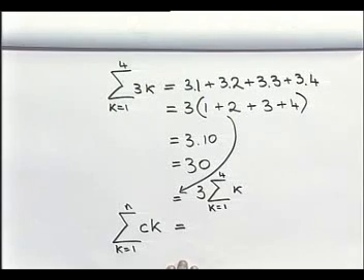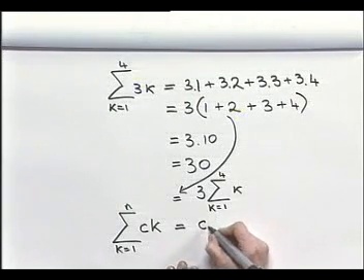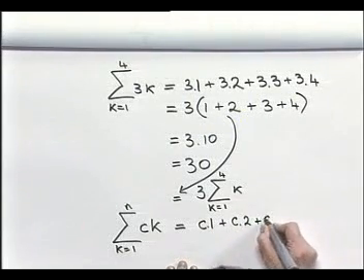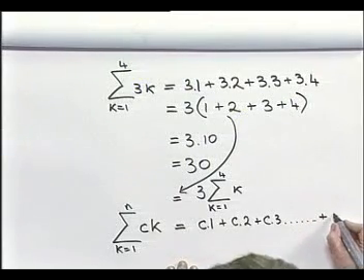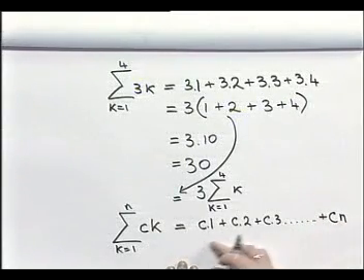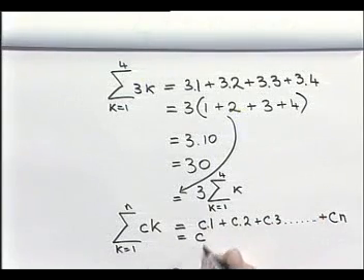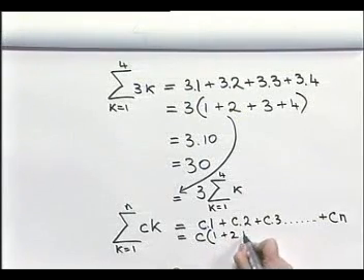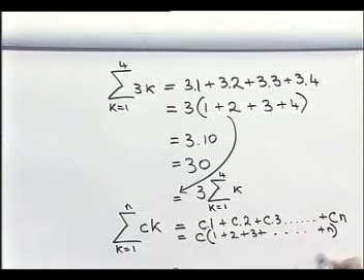We see that that is c times 1 plus c times 2 plus c times 3 right up to c times n. We've got n terms here. We can factorise by the c, and we get 1 plus 2 plus 3 plus up to n.